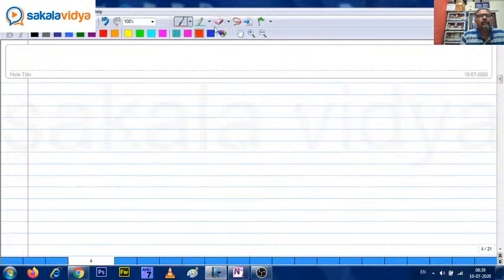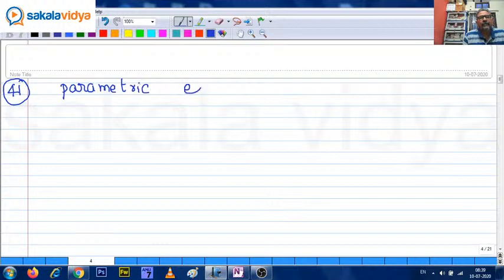Next, 41. Parametric equations of the circle x square plus y square is equal to 16.